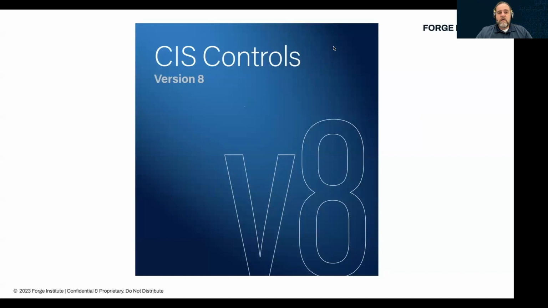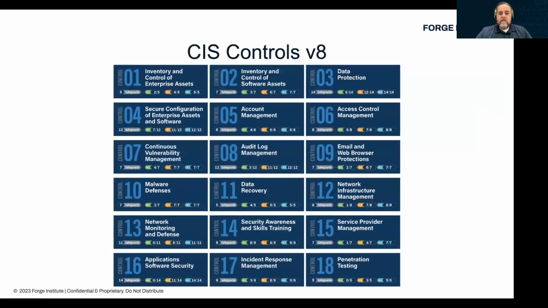This has 18 controls, and they look like this. What CIS considers a control, I would consider a family. So there's a little bit of a disjointed nature in how we talk about this. But when we're looking at these, we've got 18 controls here.